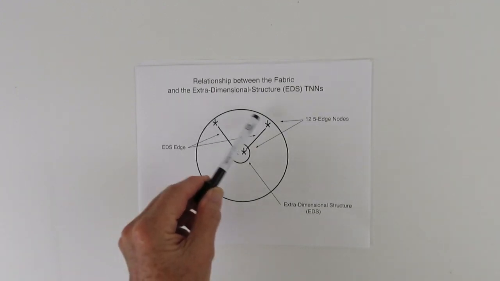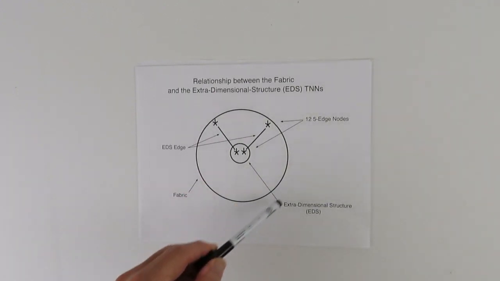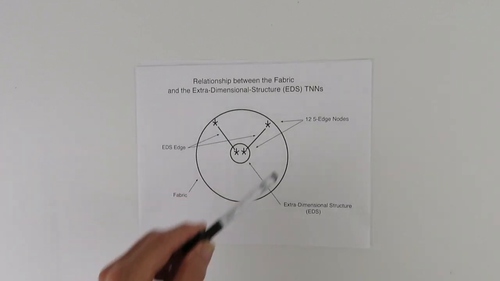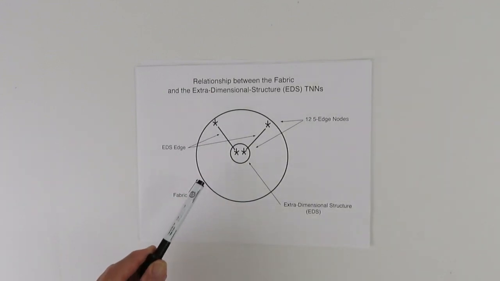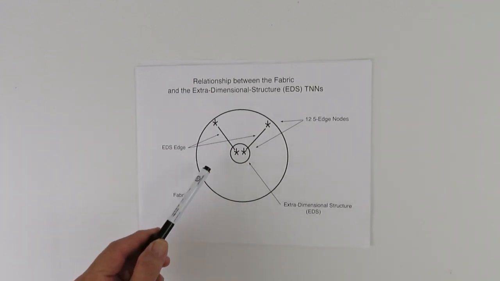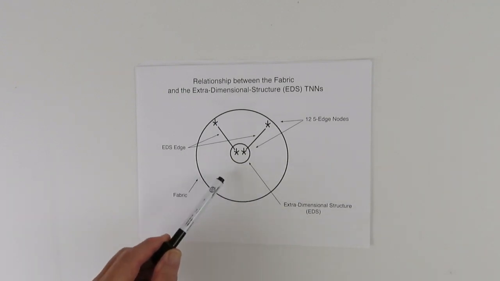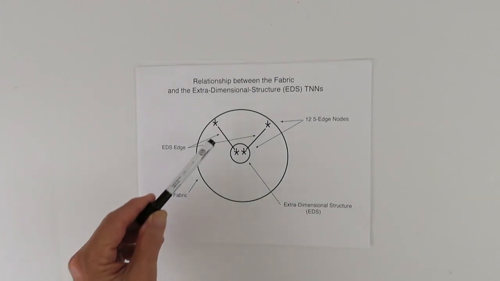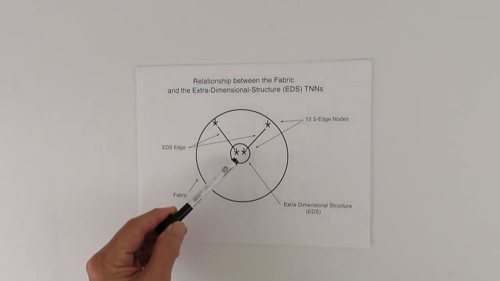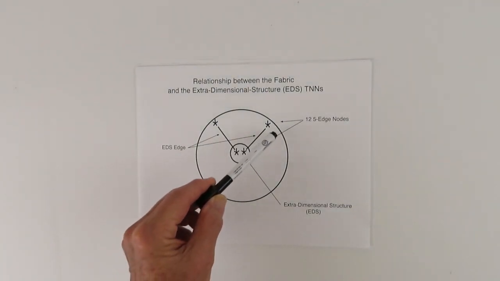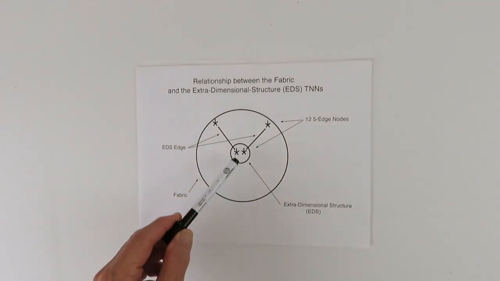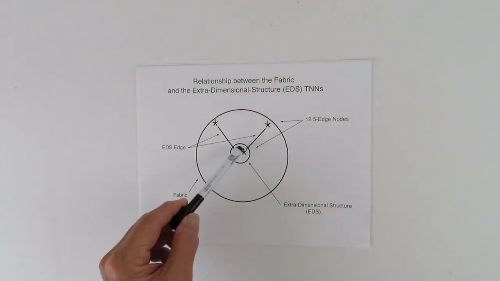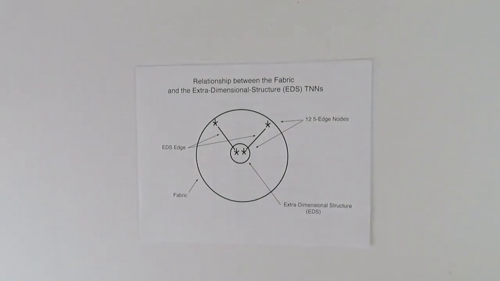So we can have here a very large fabric, which consists of a very large number of 6-edge nodes and 12 5-edge nodes. And then each of the 5-edge nodes will have an EDS edge coming inwards like this. And so what we can do is put a structure of 12 5-edge nodes in the center.